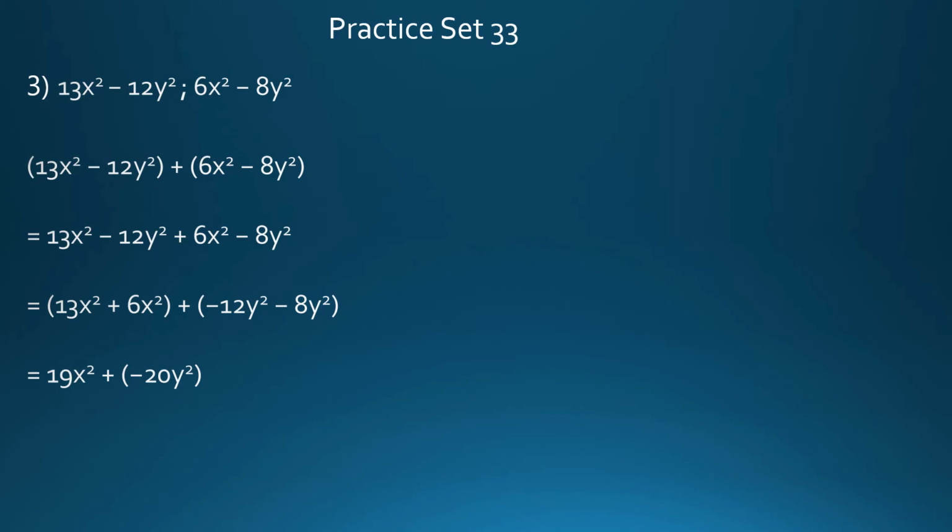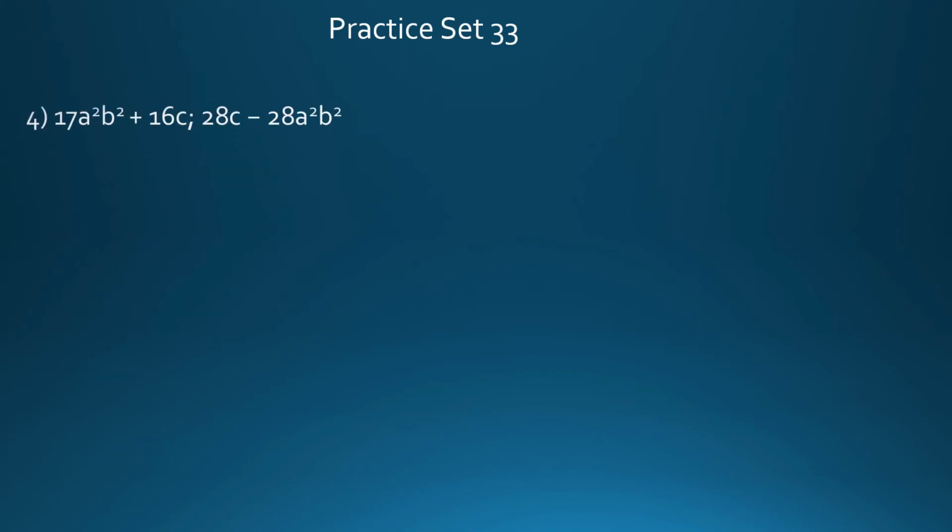So 19x square plus bracket minus 20y square. Now plus and minus is minus. So we will have 19x square minus 20y square after opening the brackets. So the addition of 13x square minus 12y square and 6x square minus 8y square is 19x square minus 20y square.